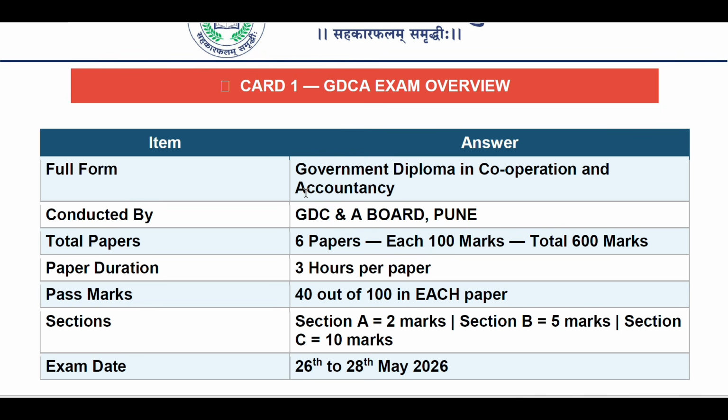To understand in a better way, we have divided this into 3 sections: section A 2 marks, section B 5 marks questions, section C 10 or more marks, like 10, 16, 7 marks, or likewise 20, 30 marks. And exam dates are 26 to 28 May 2026. This is card 1.